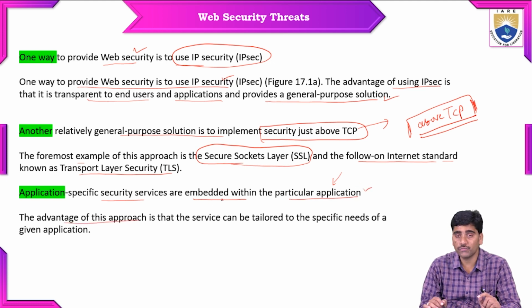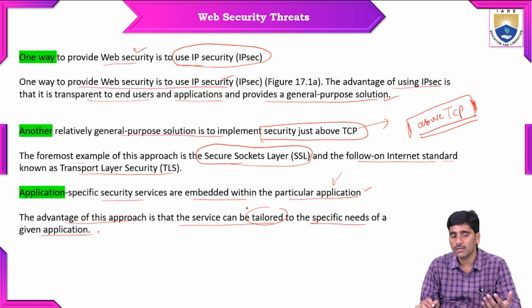The advantage of this approach is that the service can be tailored to the specific needs of a given application; if it wants to change anything, it can be tailored.